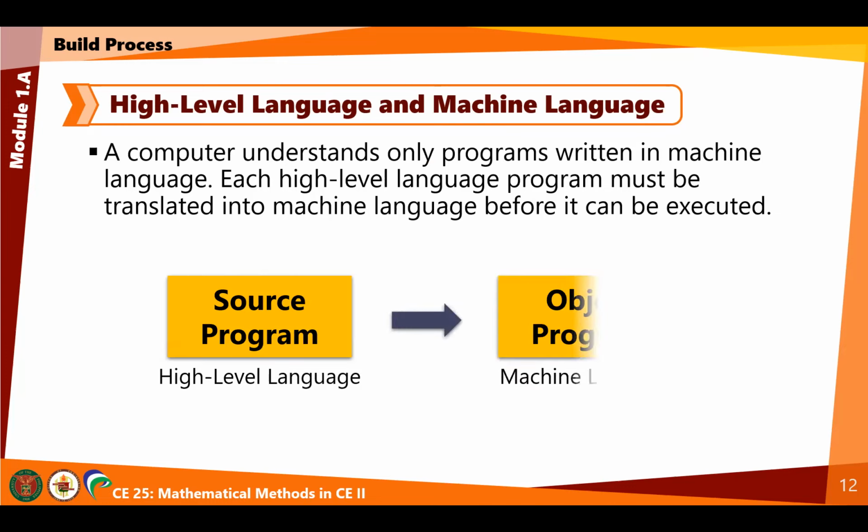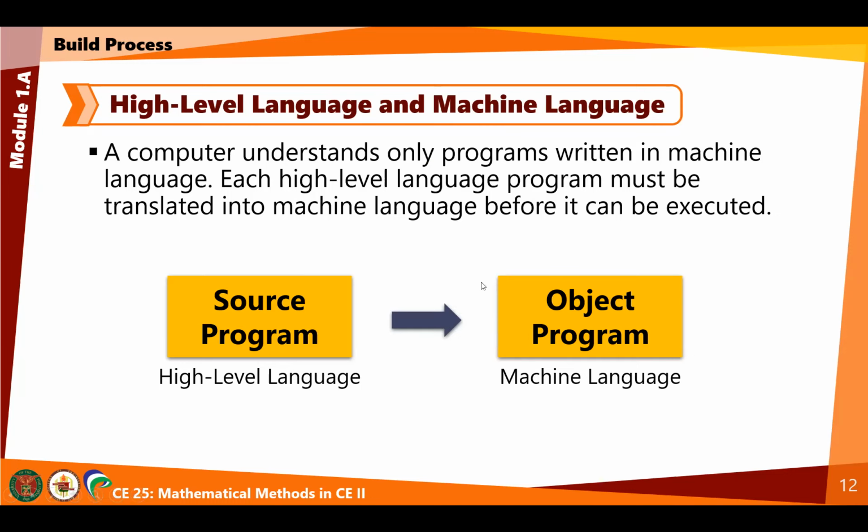Source program to object program. So ito yung sinasabi ko kanina, yung -o na ginawa natin sa terminal. Yung -o translates or compiles your source code into an object file, which is a machine language.